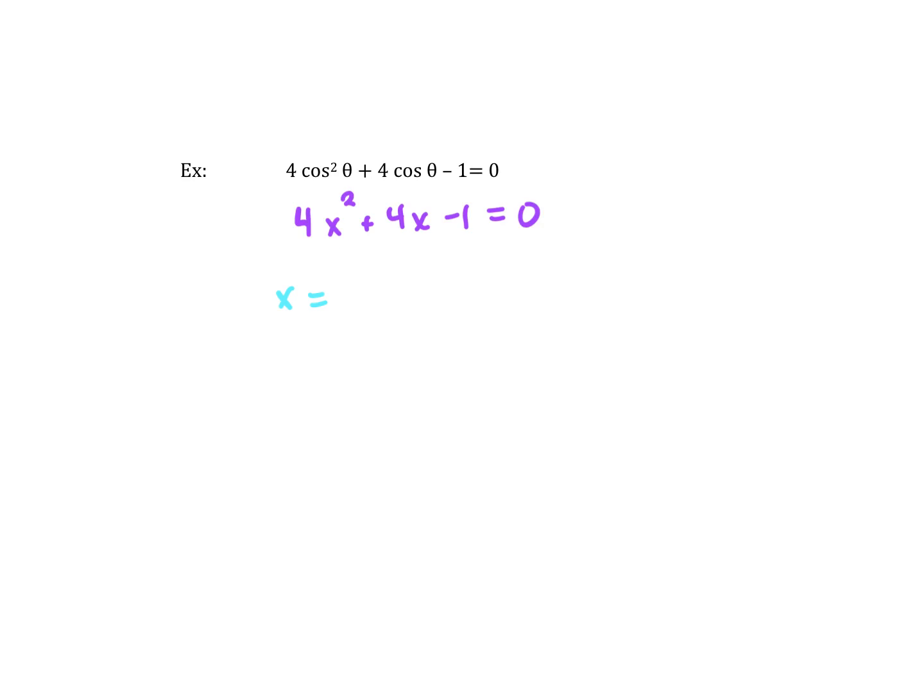I want you to be familiar about how complex they can get. This would be like a bonus question. So don't get too stressed about this, but I do want you to be familiar with the process. So opposite of b plus or minus the square root of b squared minus 4ac, all over 2a.